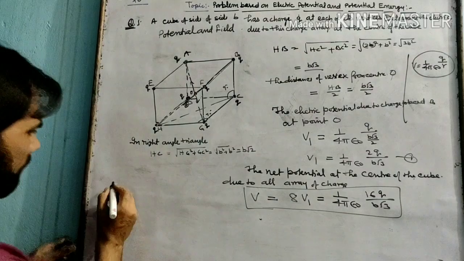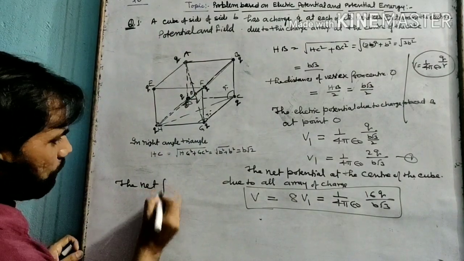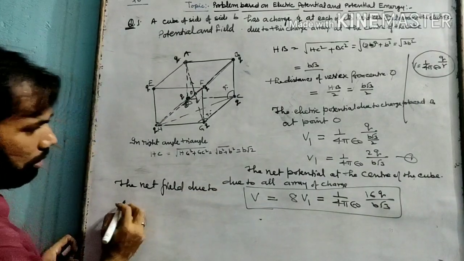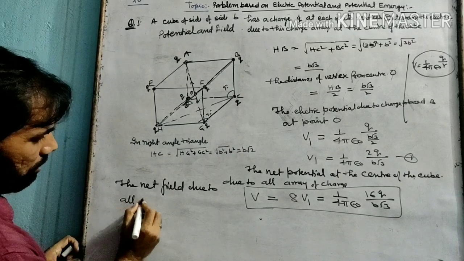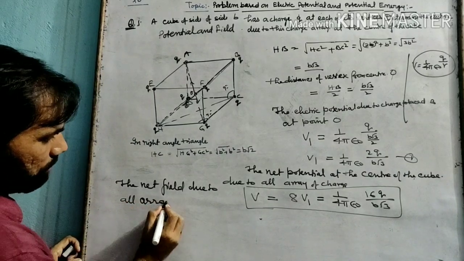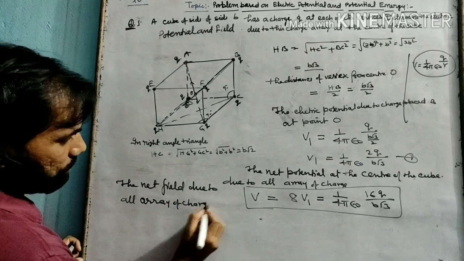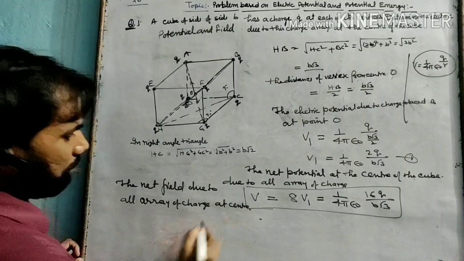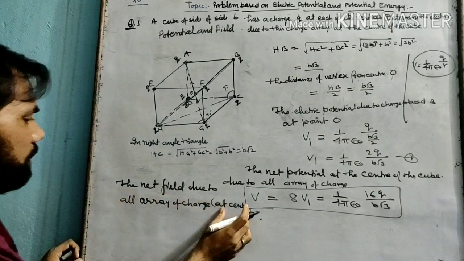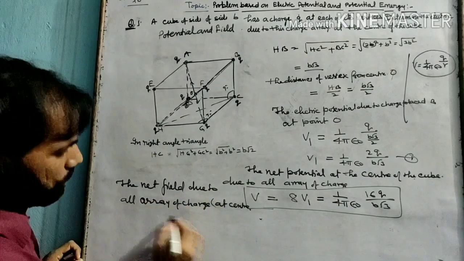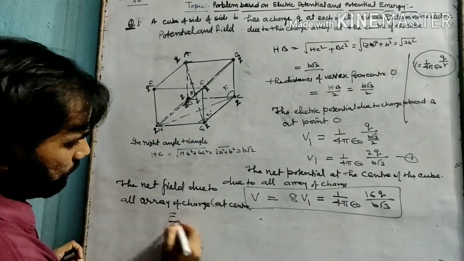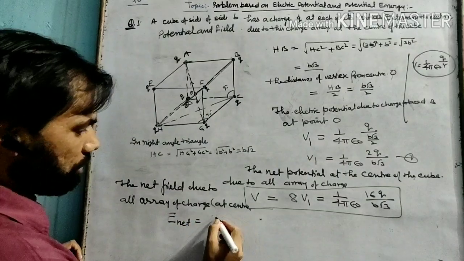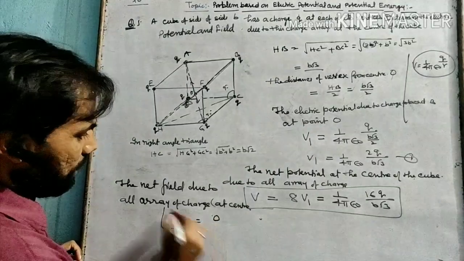So we can say that the net field at the center due to the whole array of charges, E net, is equal to the vector sum of all the fields, which are cancelling each other, so E net will be 0.